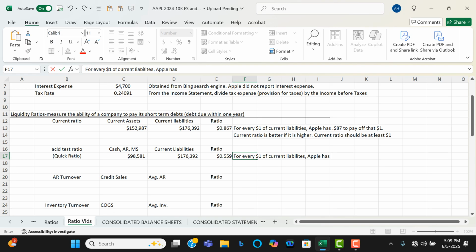That's about 56 cents, more or less, 56 cents of very liquid assets to pay off. Should be $1.